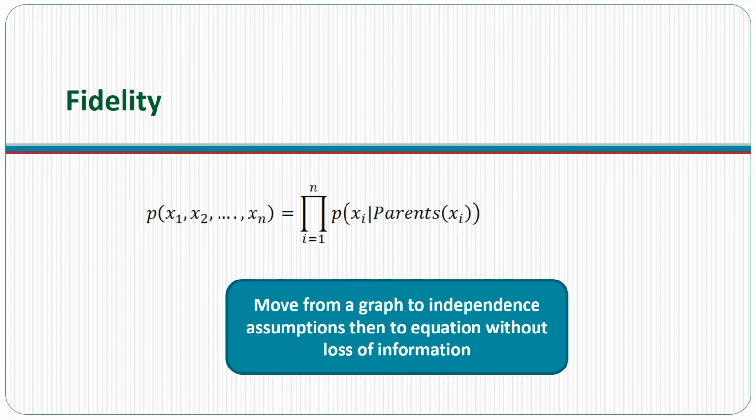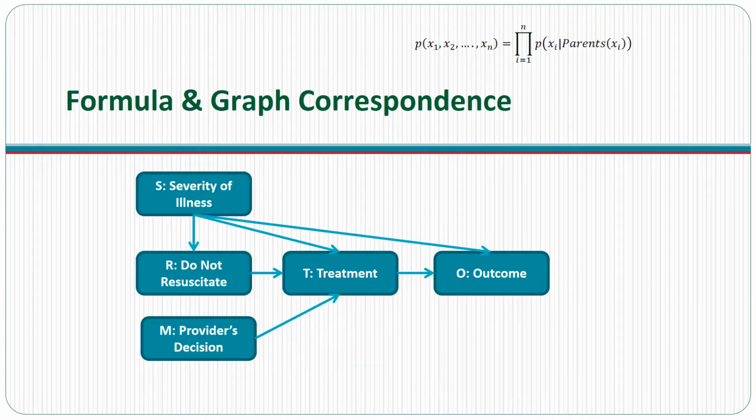In a causal network, the joint probability of all events can be read directly from the structure of the graph. For each node, one identifies the parents of the node from the graph, and the joint probability of the nodes follows from the parents. For example, here we have a possible network that relates patient severity to clinician's choice of treatment and outcomes.